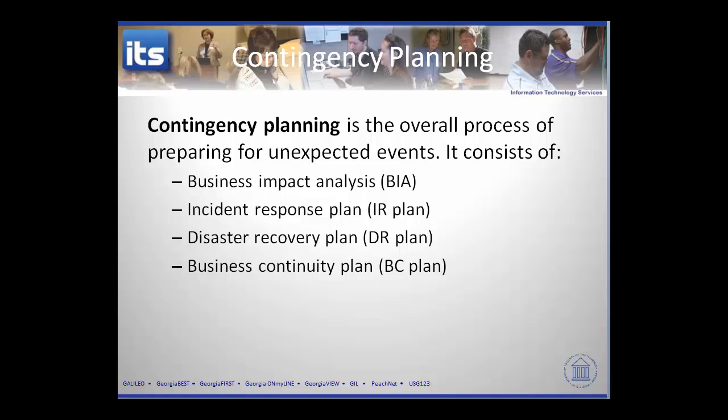You might want to do a business impact analysis on tornadoes. If flooding is a risk, if hurricanes are a risk, those are different components that you would want to analyze. But you want to look at what the major risks are within your area. If you have unstable power, if you're in a war zone, you want to look at what those risks are out there and do a serious analysis of what this really means, and that's what that business impact analysis does. And then these other 3 look at different parts of that.